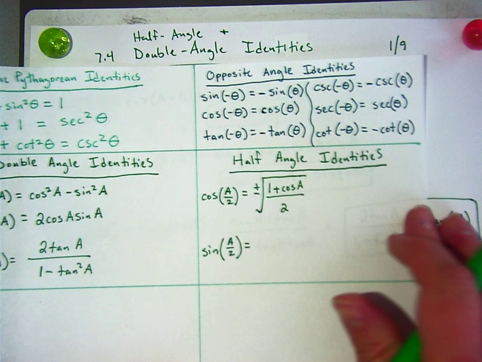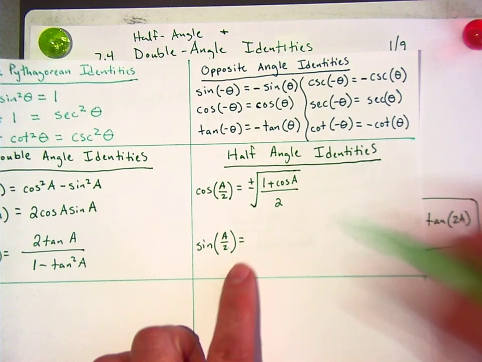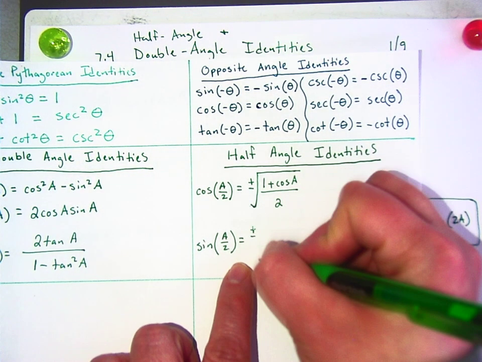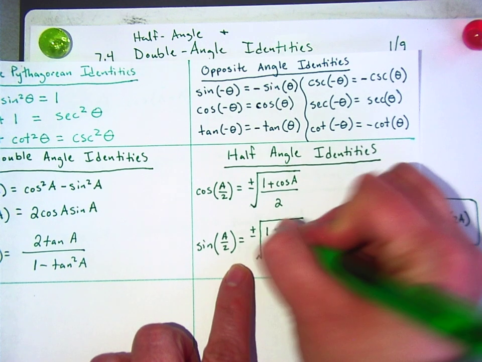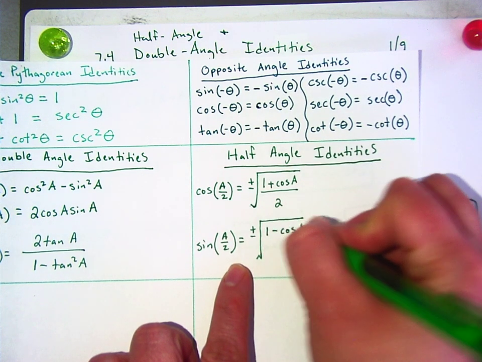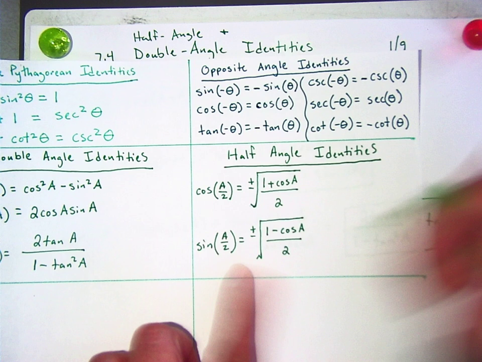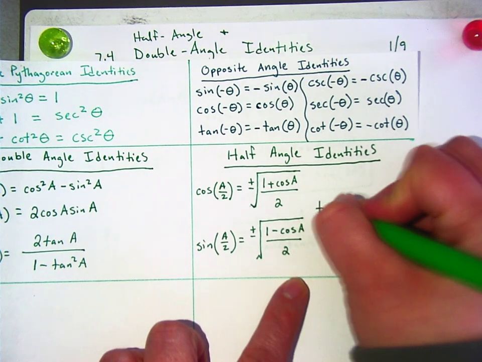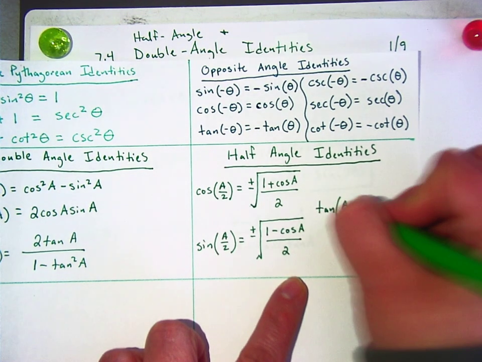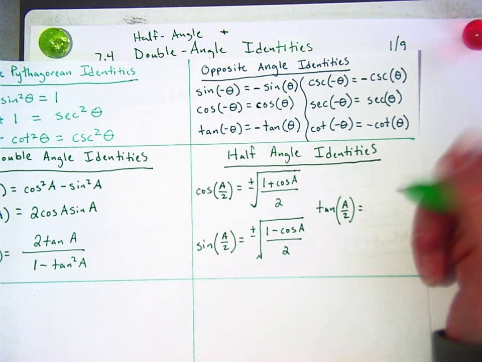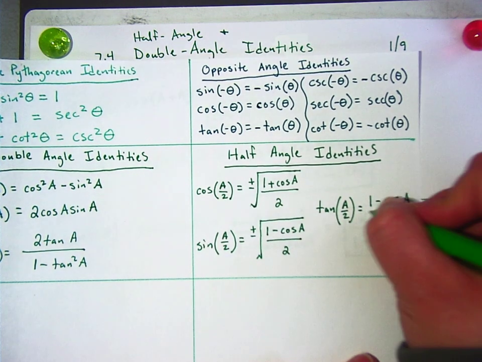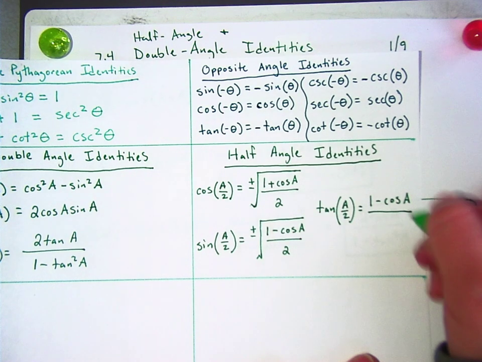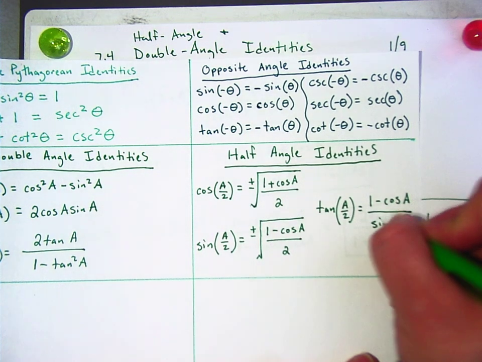And the sine of A divided by 2 is plus or minus, exact same thing, except there's a minus in there. And then on the side, tangent of A divided by 2 is one minus cosine A divided by sine A, no square root this time.